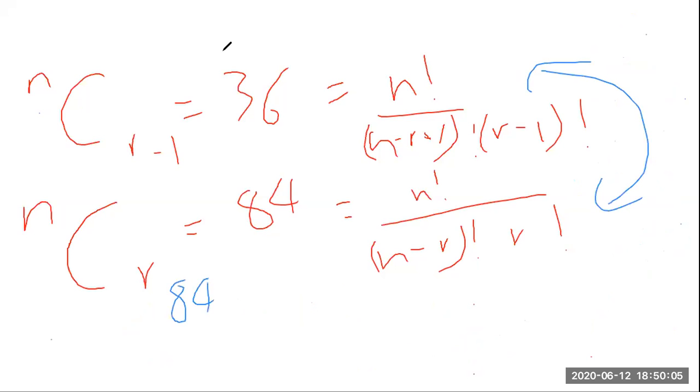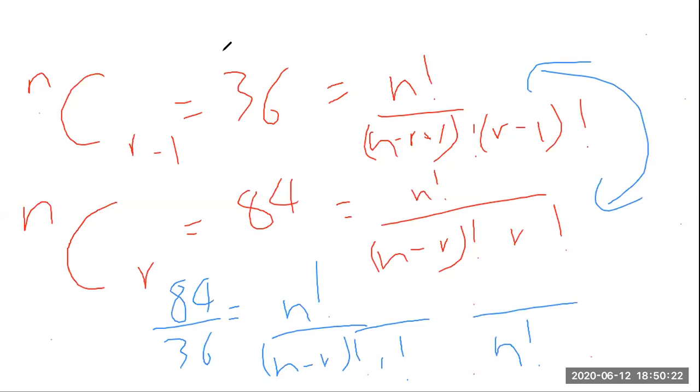So we get 84 by 36 equals n factorial over n minus r factorial, divided by the upper expression, n factorial over n minus r plus 1 factorial and r minus 1 factorial.